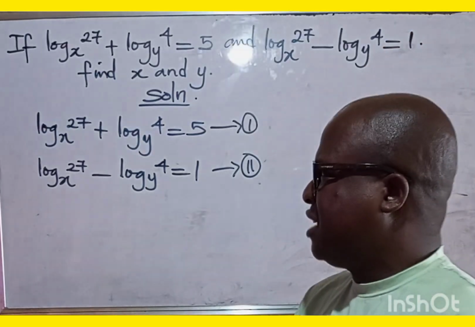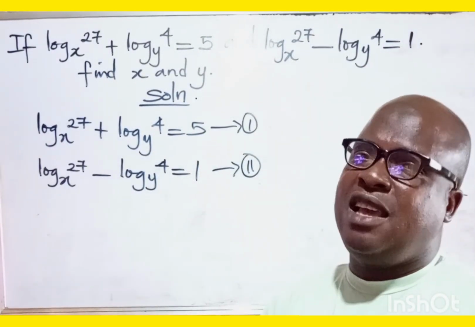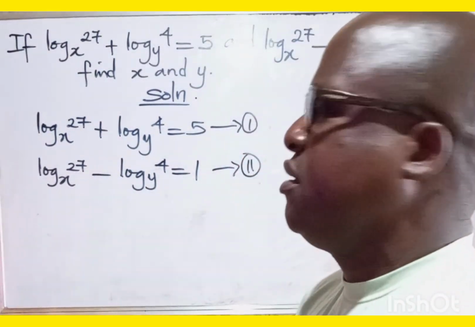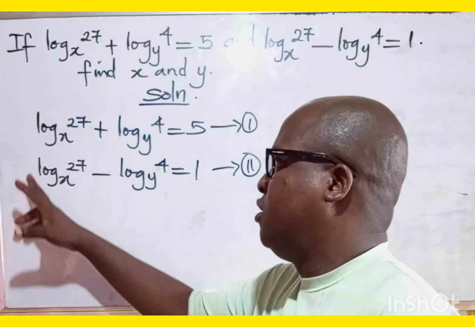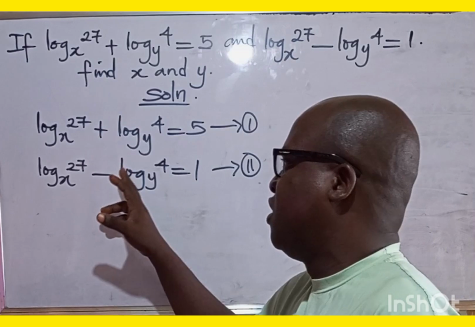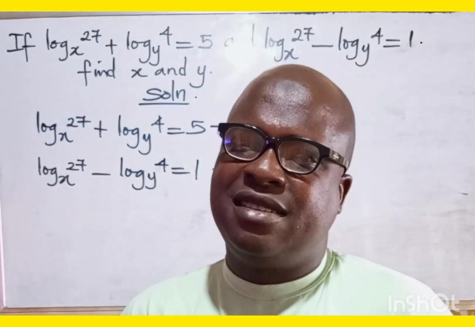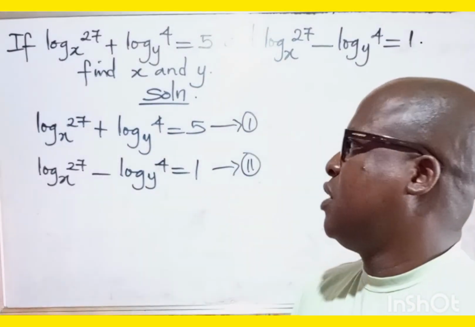But in this particular case, the best method we can use is the elimination method. Elimination deals with the coefficients, the number before the log, and once the coefficients balance, as if they are the same, then we don't need to stress ourselves.